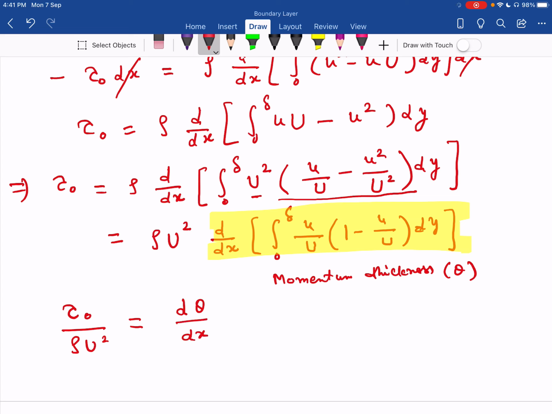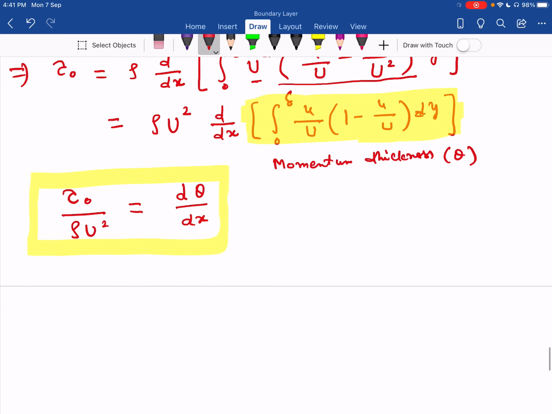So tau O divided by rho U square is equal to d theta by dx.